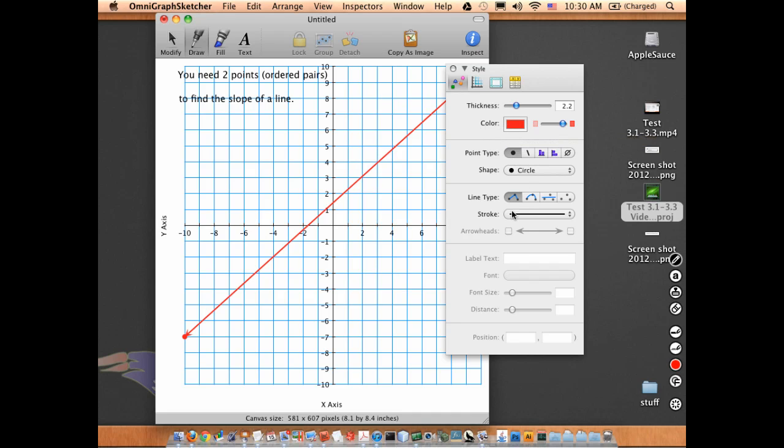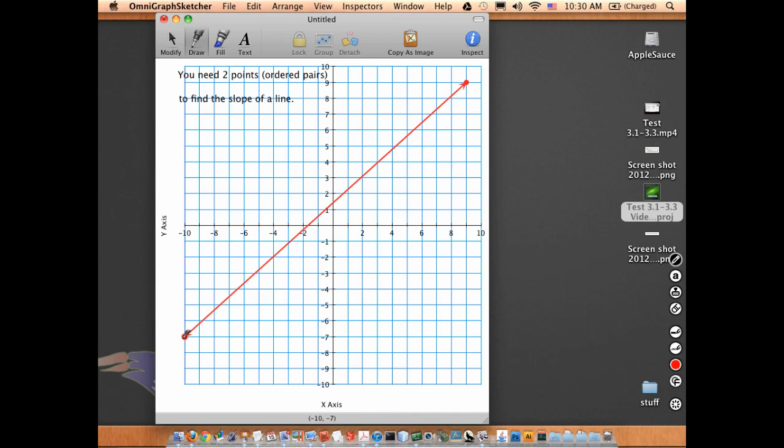So you need 2. Now what we do is we calculate what's called the rise and what's called the run. I'm going to create a dashed line, and I'm going to calculate the rise. So I start with this point here, and I go up until it matches the height of the point over here. This part right here is called the rise. And so what I do is I just count. 1, 2, 3, 4, 5, 6, 7, 8, 9, 10, 11, 12, 13, 14, 15, 16.